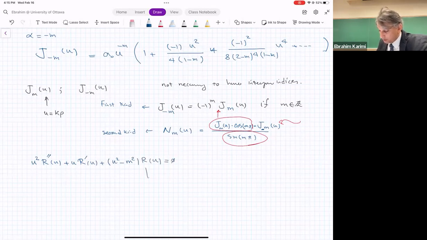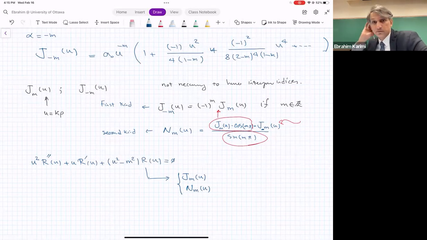Then R has two solutions, Jm of u and Nm of u. In the definition of Nm, if you put that in Jm, that cosine is minus 1 to the power of m, and then they will not be equal. Remember, this is true only for integer m. This is a general solution for any m value.